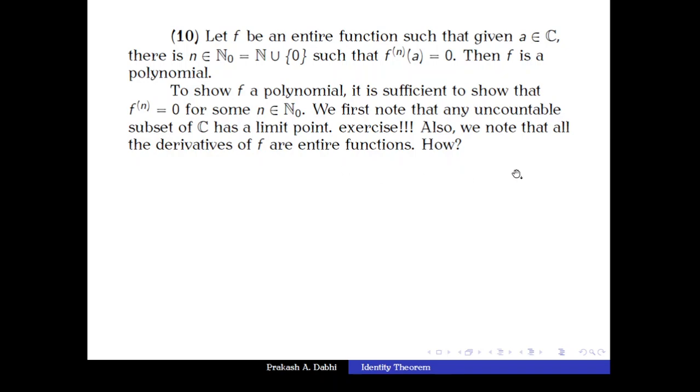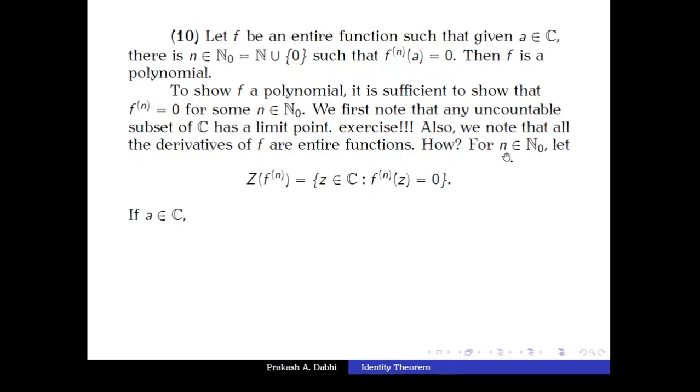So these are the two facts we are noting. The first one is any uncountable subset of C has a limit point, and the other one is if f is analytic on an open set, then all the derivatives of f are also analytic, and that follows from Cauchy integral formula. So these are the two results we are going to use.